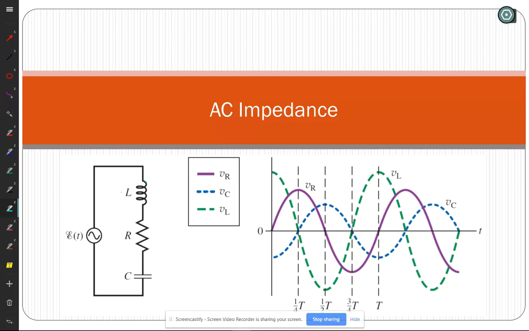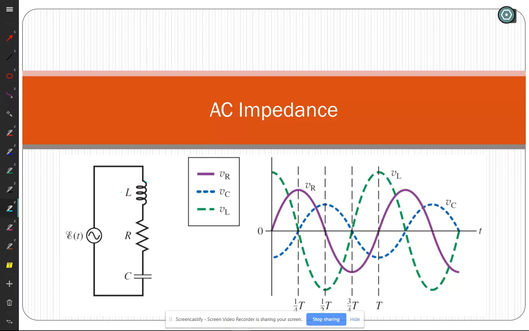And where is the purple line having the biggest change in its value? Where is it changing the fastest? That is, where is the slope the steepest? Okay, at 0 is the biggest, steepest positive. It has the steepest negative out here at 1/2 t, steepest positive again at t.